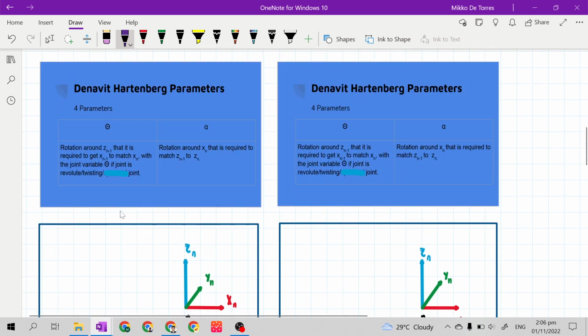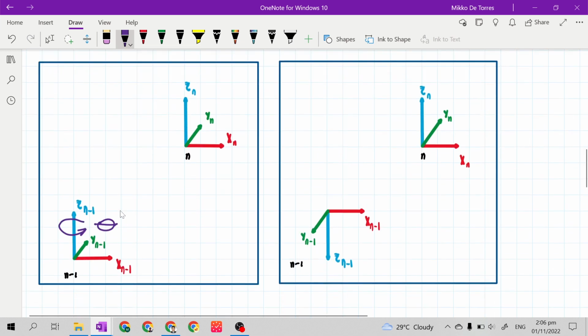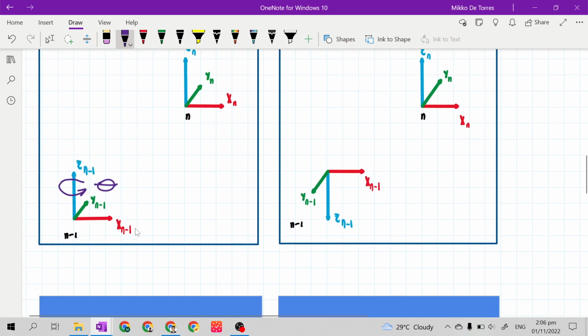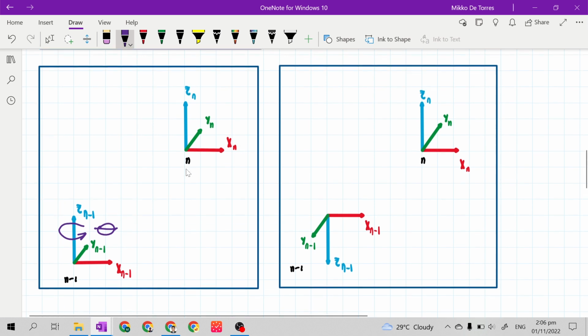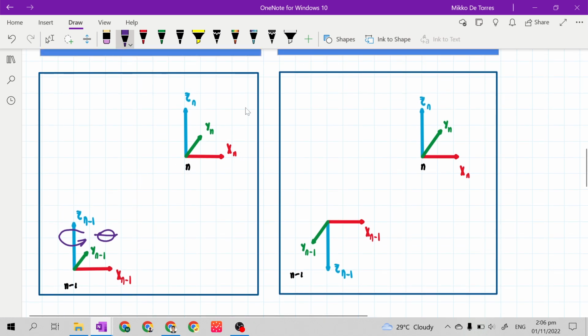Theta is the rotation that is required to get x sub n minus 1 to match the direction of x sub n. So in this position, x sub n minus 1 has the same direction as x sub n, so the theta here is equal to 0 degrees.